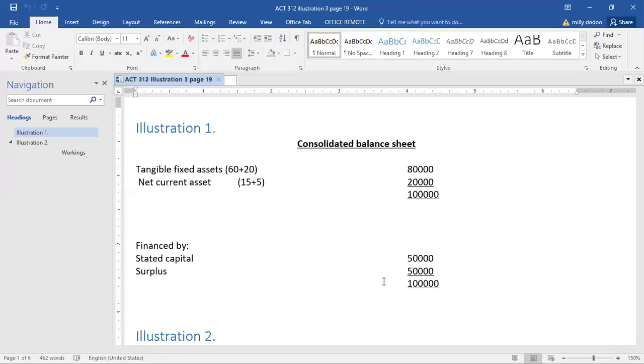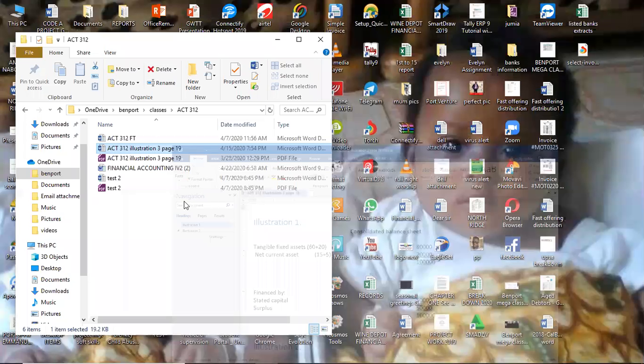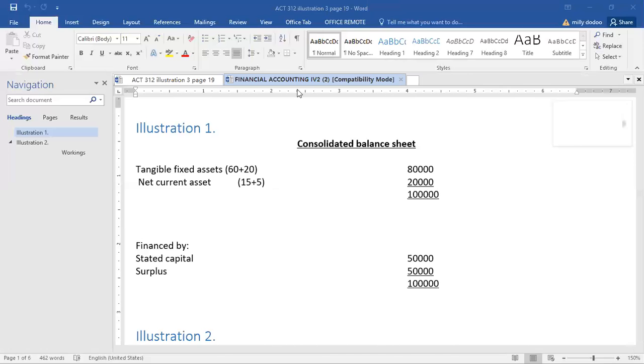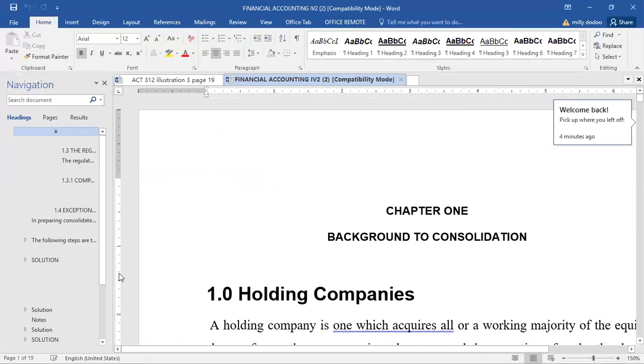All right. So let's look at illustration 2.